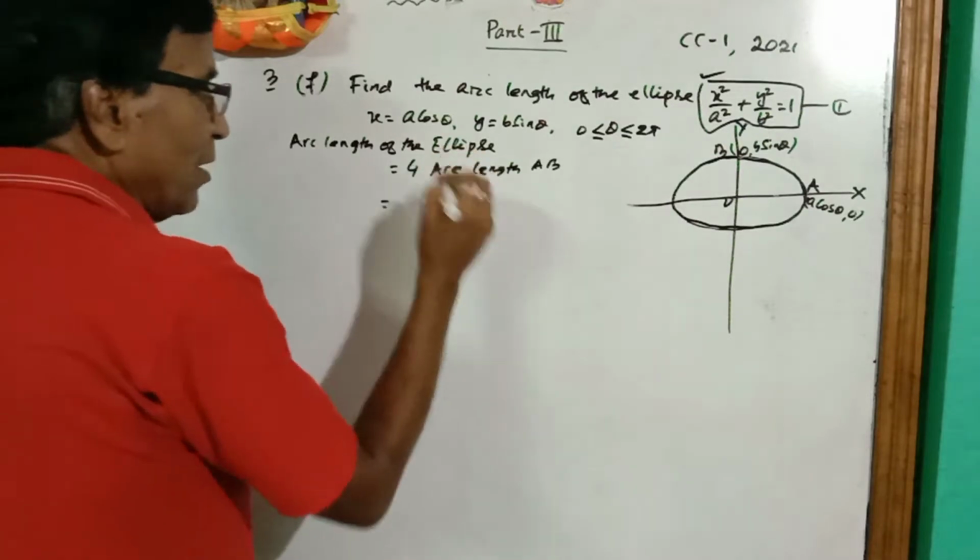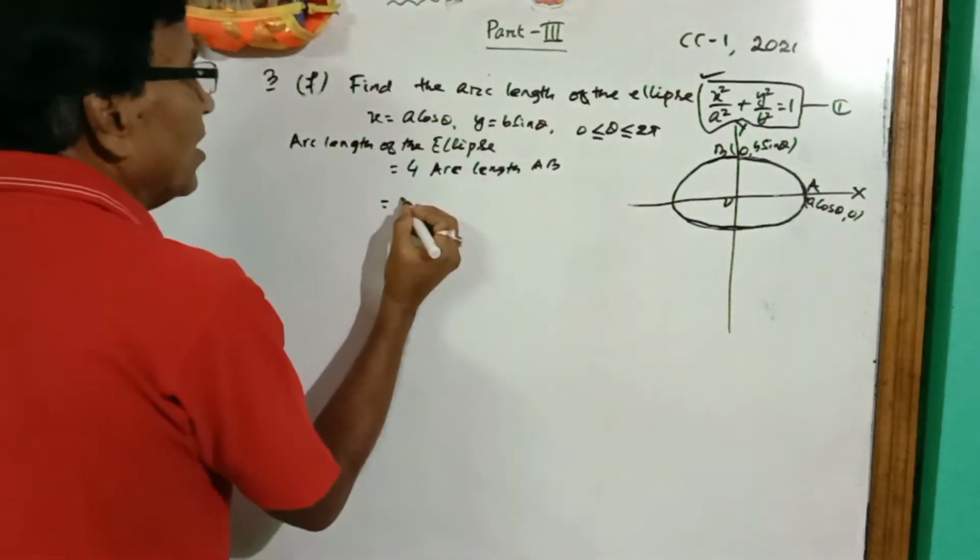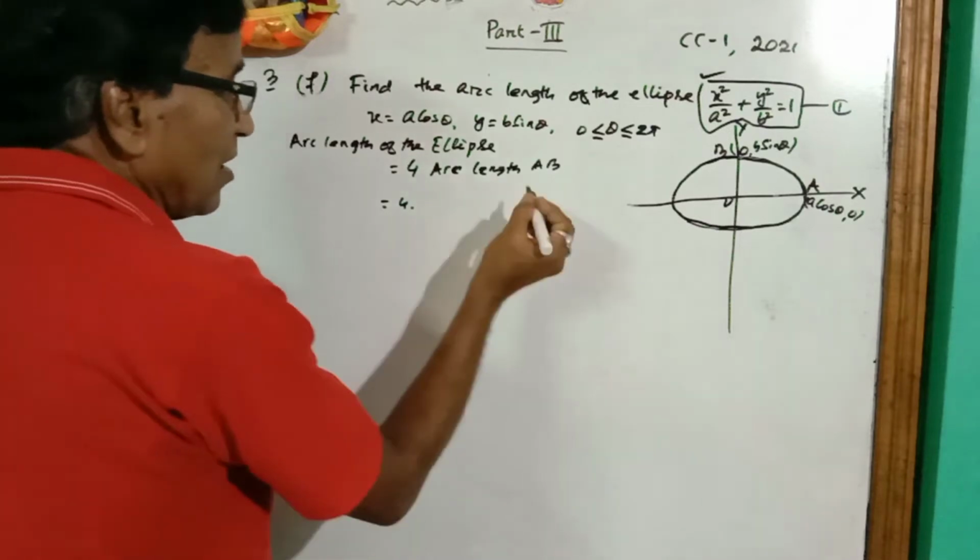And in parametric form, what is the arc length AB?